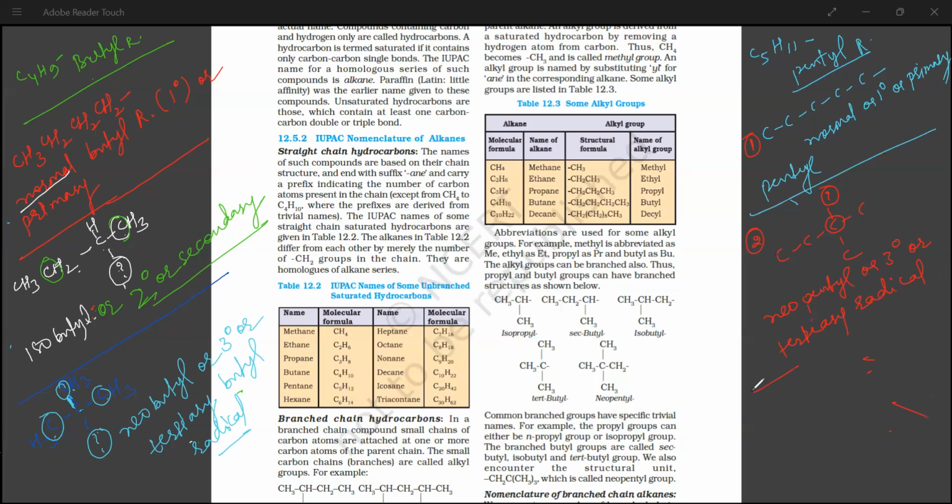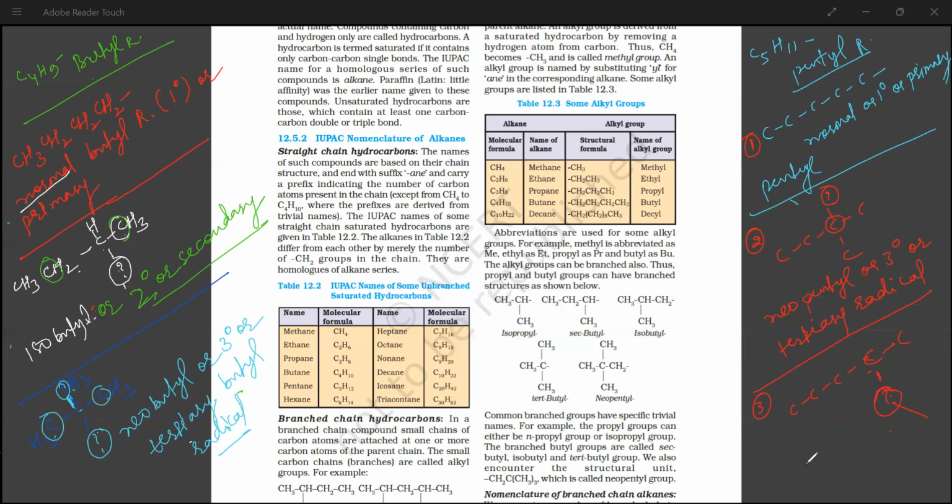Now see, you can write it like this too. Here the attachment vacancy is there. This site is available for attachment. Fine.